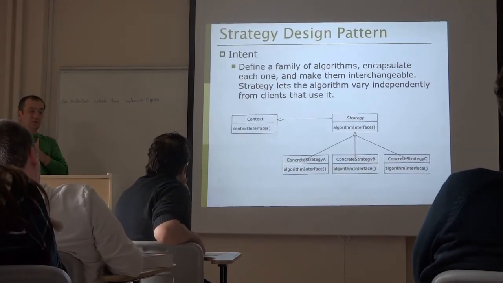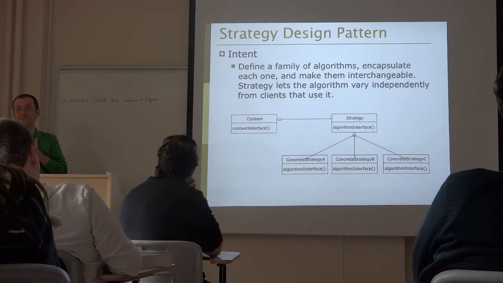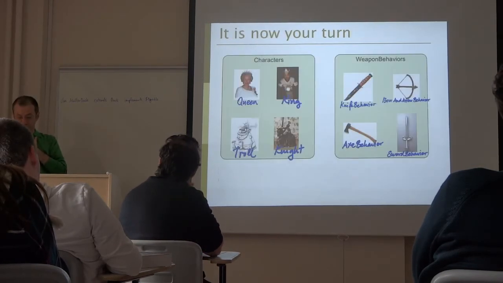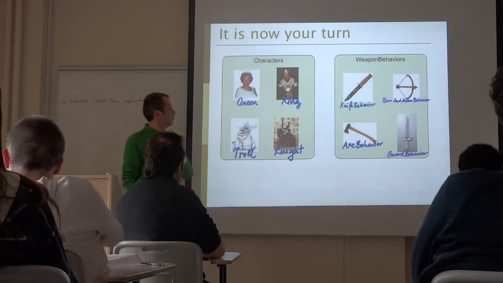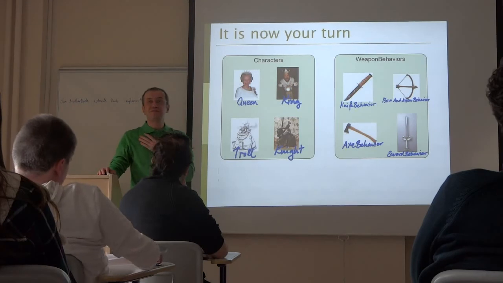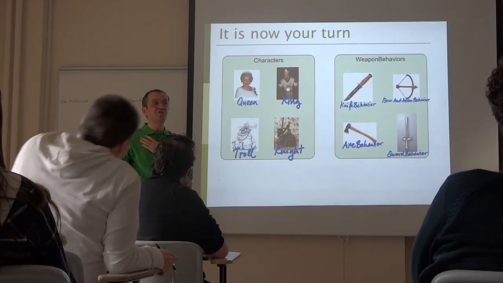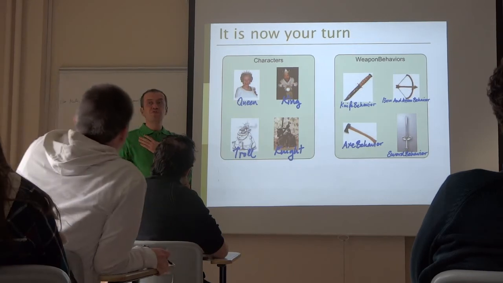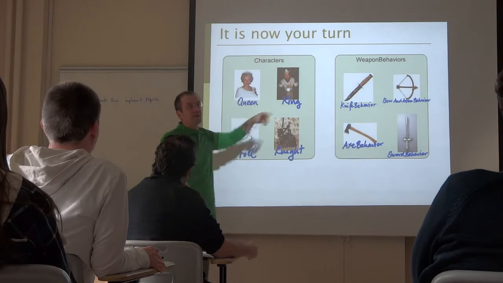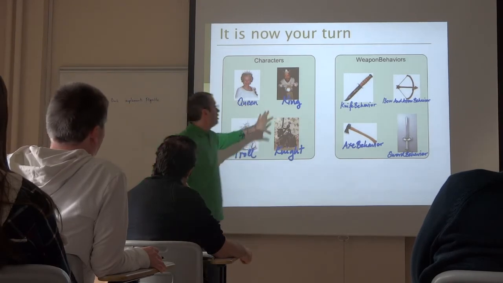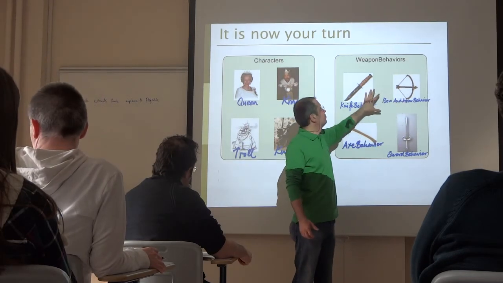So in this you will be doing some work as well. Pen and paper, please. Let's say that I have several characters, and using the things that I just told you, I want you to make a design where these characters can have different weapon behaviors.